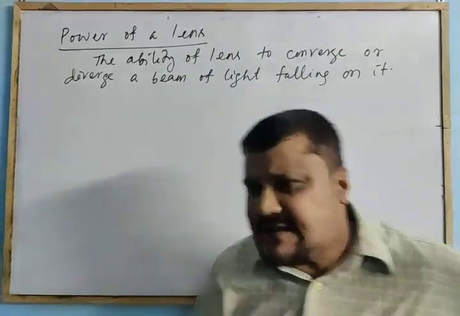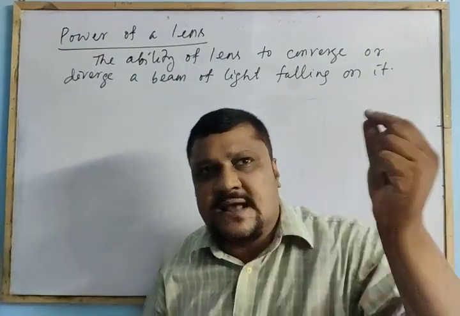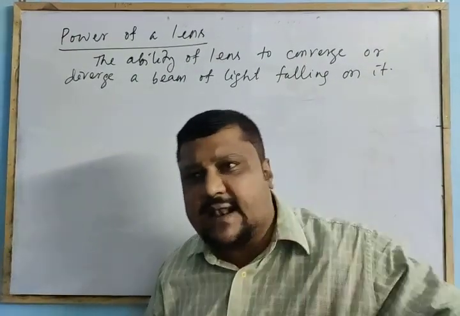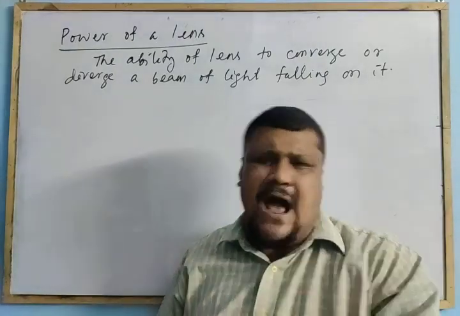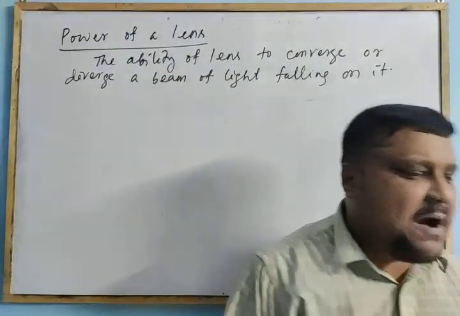As you know, when the ray is incident and passes through the lens, refraction occurs and the ray bends. How much it bends the ray, that we are measuring, and that is called power.